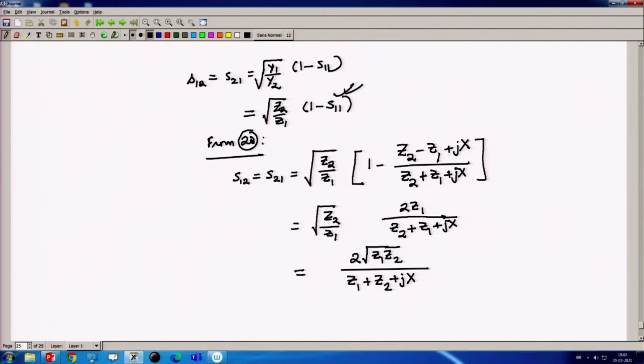So the symmetricity of S11, S12 and S21 appears because of the way the expressions for Z1 and Z2 appear in this equation. So you see that S12 and S21 are symmetric.